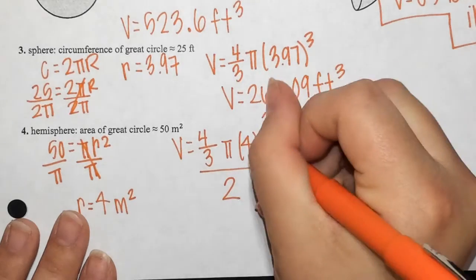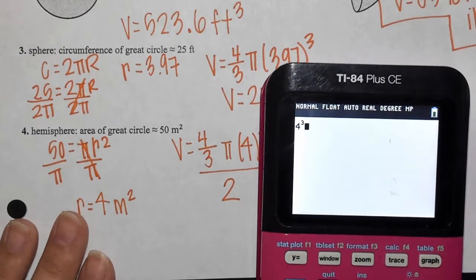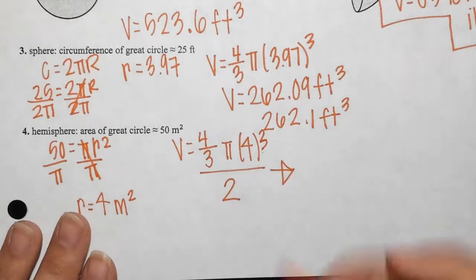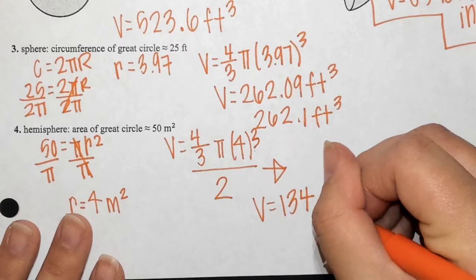Oh, I put squared. It's to the third. So I'll get 134, approximately. Okay, guys, that's it. That's all you need to know.